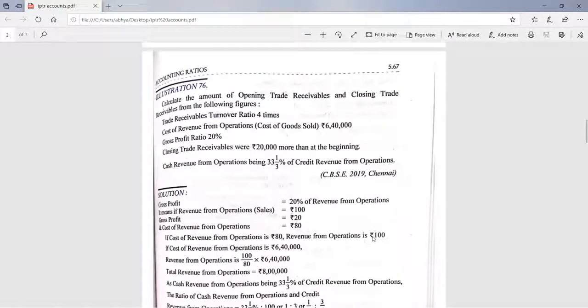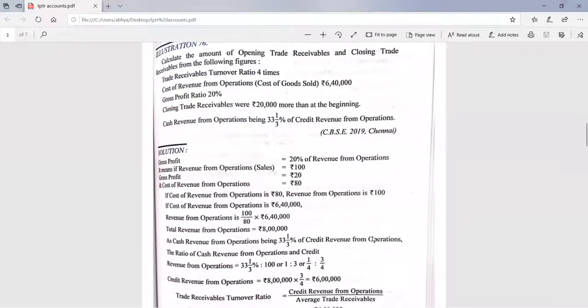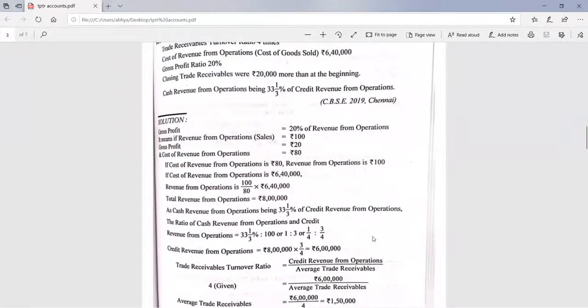One thing I want to tell you: whenever GP ratio is given and it is not mentioned in the question whether it is on cost or on sales, we will assume that GP ratio is on sales. Okay, students, GP ratio is on sales.